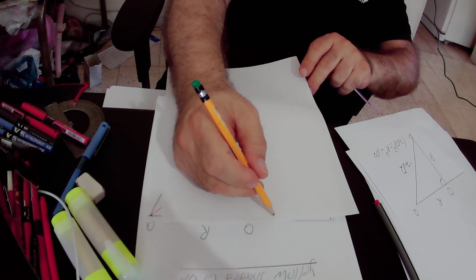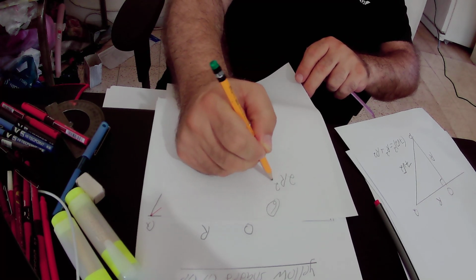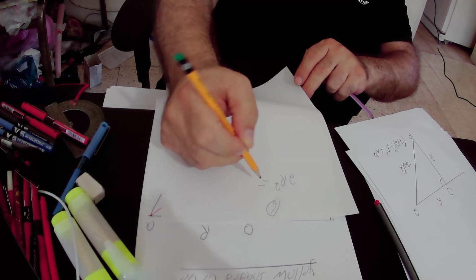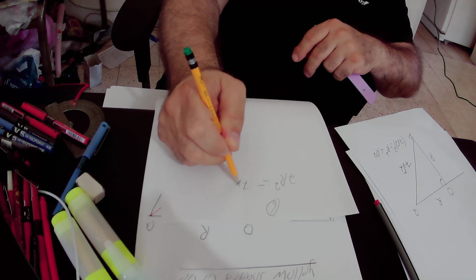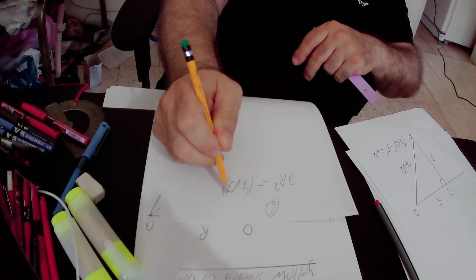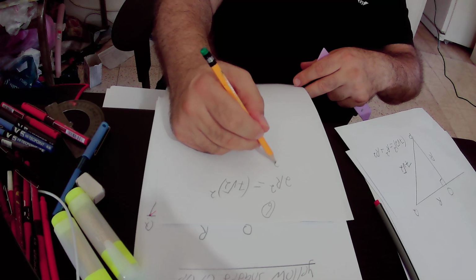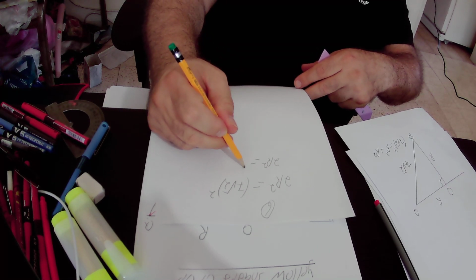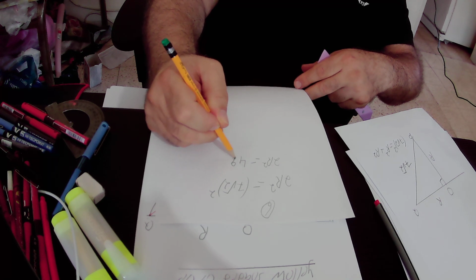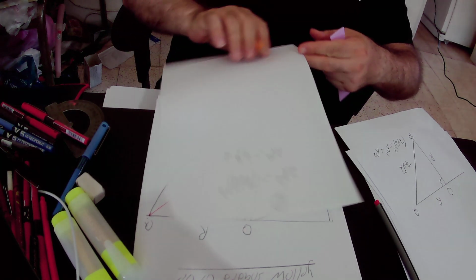And r squared plus r squared is 2 times r squared. That equals (7 root 2) squared. So 2 times r squared equals 49 times 2.